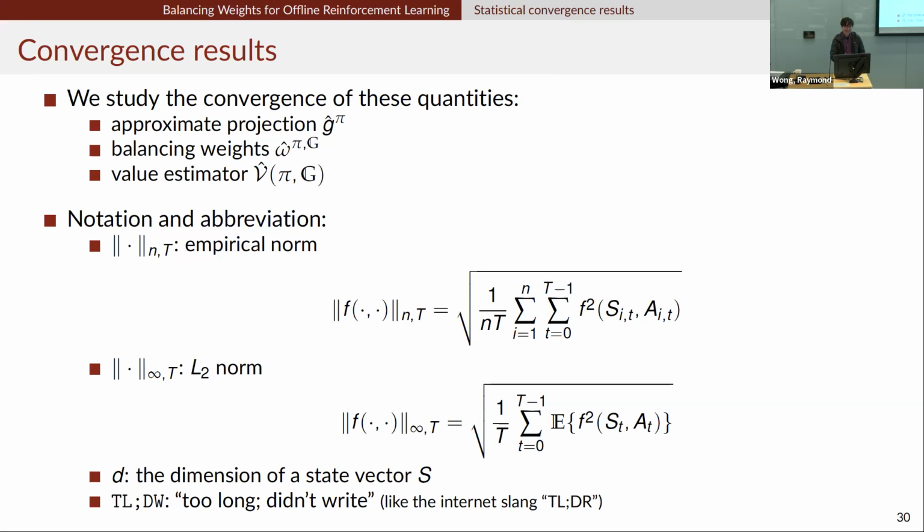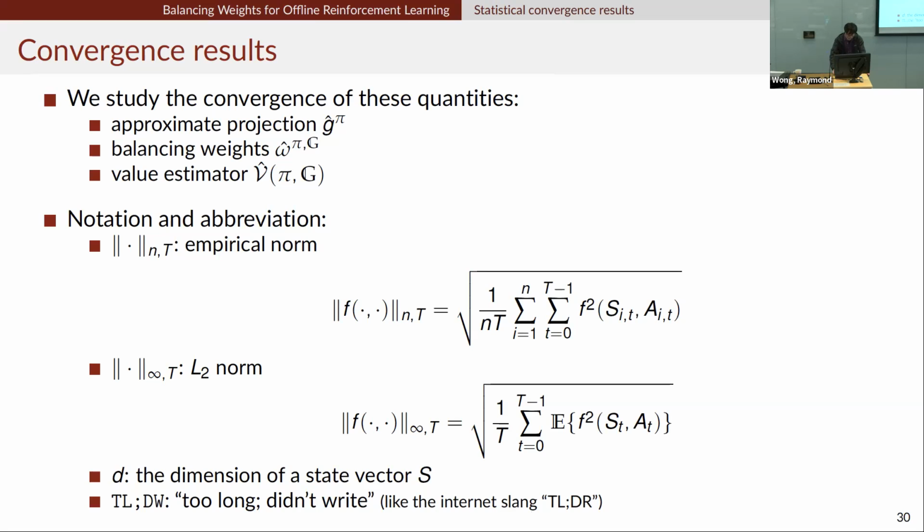In the following, I have to discuss the theorem statements, but I have lots of assumptions that I do not have time or space to display. So I created my own slang: TLDW, too long, didn't write. I'm going to use it to hide the conditions that I don't want to talk about.